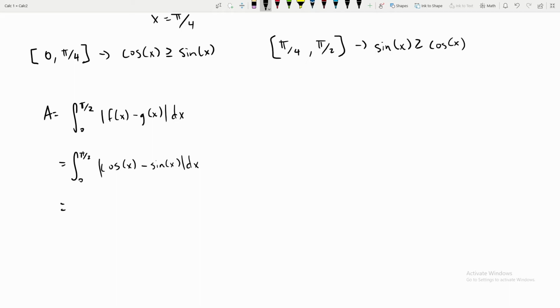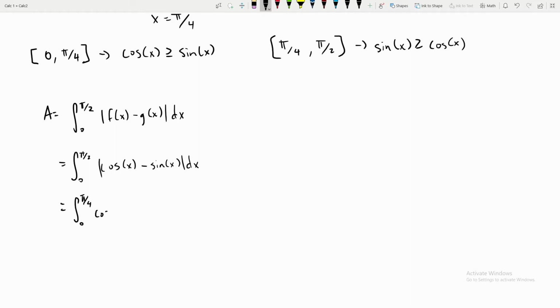This absolute value means we split up into two cases, where one is greater than the other, or the other is greater than the first. When cosine is greater than sine, we can just take the regular integral. However, this one will only span to pi over 4 because that's the first interval.